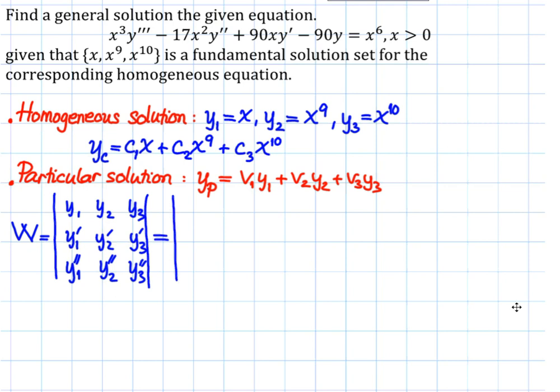So we will have x, 1 and 0, x to the 9, 9x to the 8, 72x to the 7, x to the 10, 10x to the 9, 90x to the 8. And this is the 3 by 3 determinant.